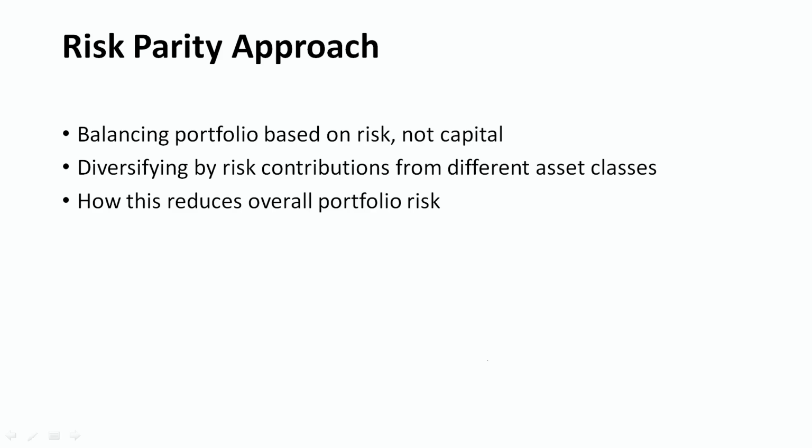The next type of approach is risk parity. So, as the name suggests, what does risk parity mean? It talks about balancing the portfolio based on risk, not on the amount you have invested. Okay. So, risk becomes an important factor, your capital is secondary over here.